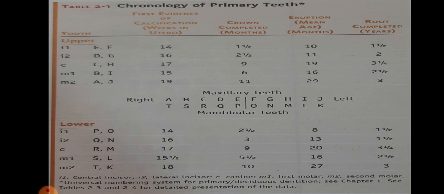Their use is directed towards showing patients the general aspects of development rather than providing precise guidance for clinical procedures. This is the chronology of primary teeth. Here the universal numbering system is used.